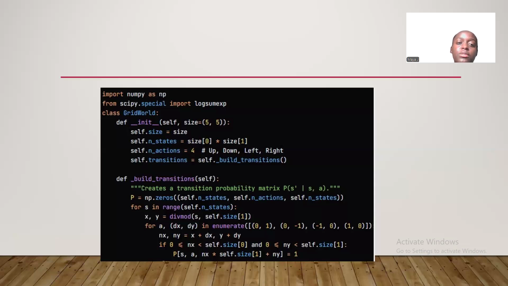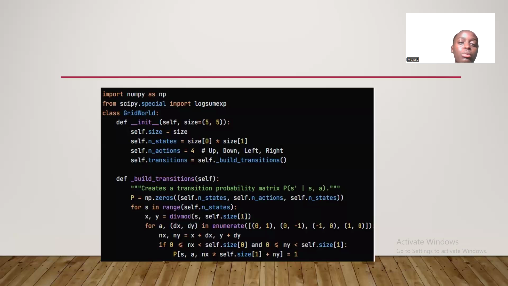In this case, first of all, you import some libraries. We have NumPy and we have logsumexp, which is for calculating the maximum log likelihood in entropy.